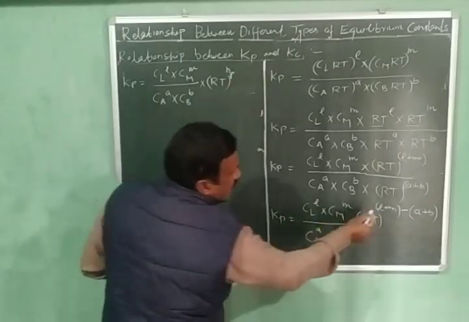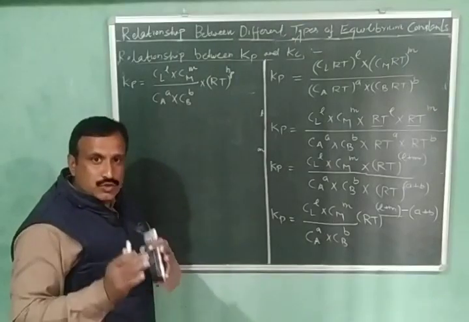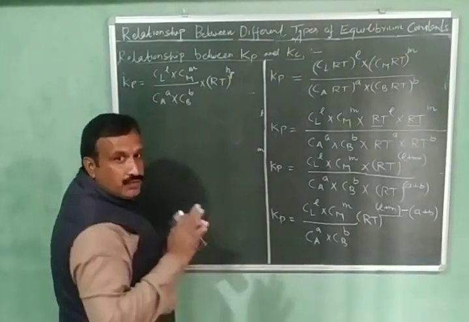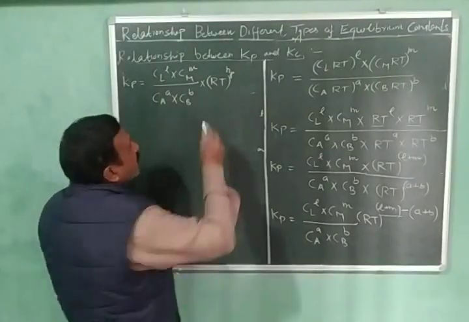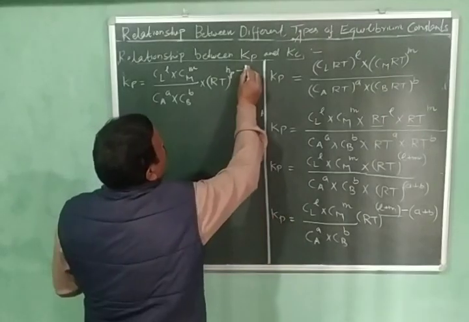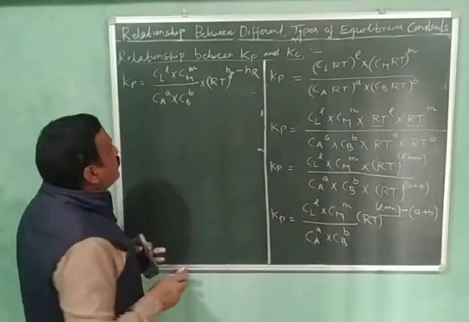Np, that is L plus m, is equal to total number of moles of products. Okay, so I have written here Np for the total number of moles of product, and likewise this A plus B will be equal to Nr, total number of moles of reactants.